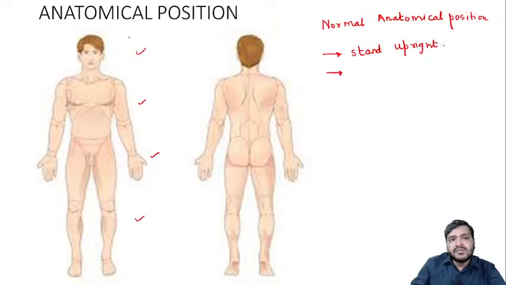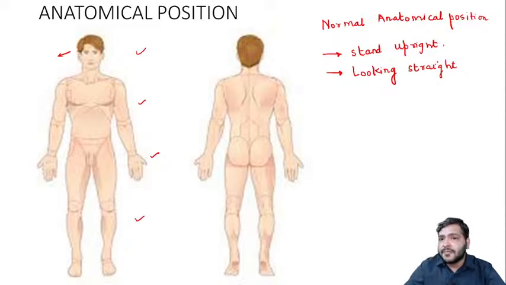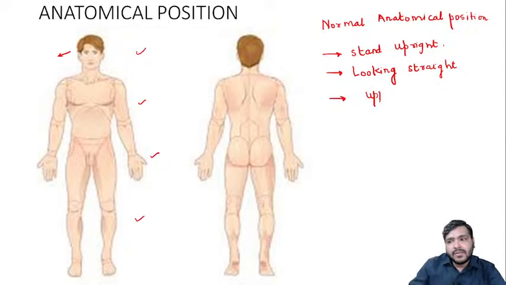He has to look straight. Apart from that, the person should stand upright, look straight, and the next thing is the upper limb. The upper limb should be in a hanging position.